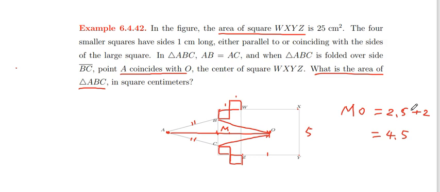Okay, and what is BC? So BC equals 5 minus 2, right? Minus 1 here, minus 1 here, minus 1 here. Oh, so it equals 3. BC equals 3.